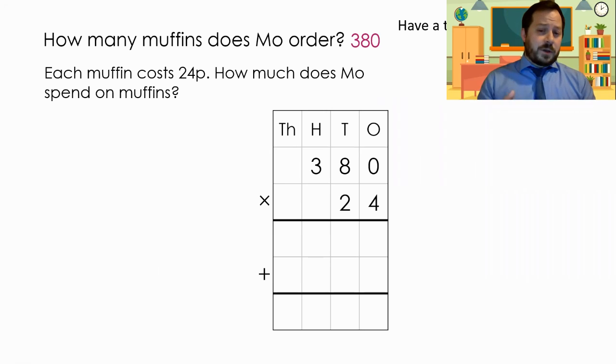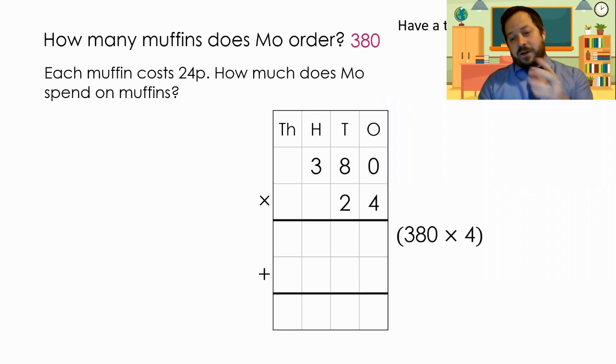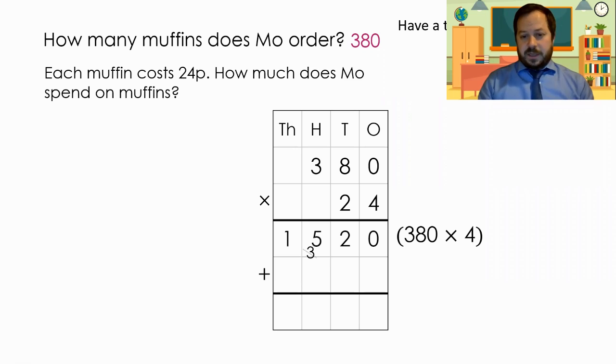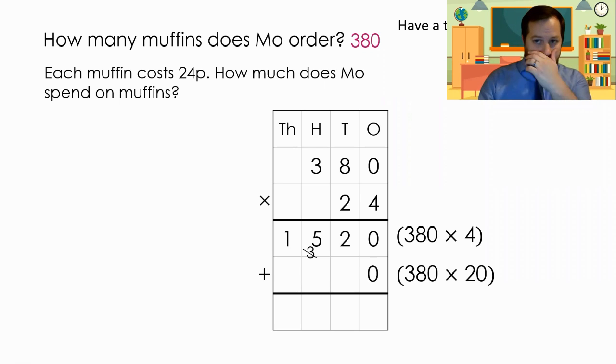Okay, so let's have a look. We've got 380 times 24, and we do this much the same way we've done all the others. So we do 380 times 4 first. 4 times 0 is 0. 4 times 8 is 32, and 4 times 3 is 12, plus that 3 is 15. Then we do 380 times 20, times that by 10 first, put that 0 in.